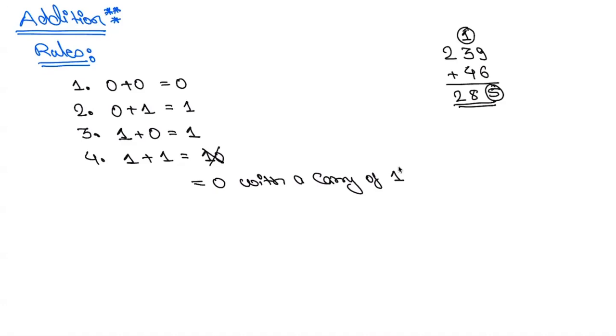What does it mean? 1 plus 1 is 0 with a carry of 1. ठीक है, ये क्लियर है? ये डेसिमल बता रहा हूं तुम्हें, 2 3 9 और 4 6 वाला। Done. Fast. तो 1+1 तो 1 होना मतलब पढ़ा था ऐसा लग रहा है। नहीं, in addition, 1 plus 1 is 0 with a carry of 1 to the next most significant bit.